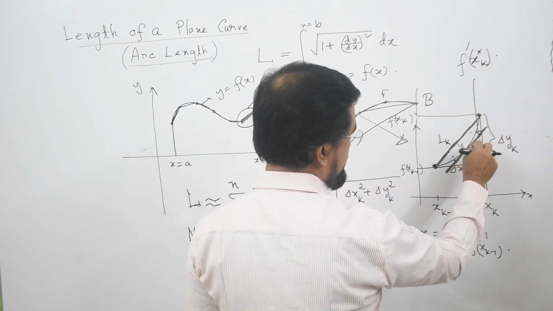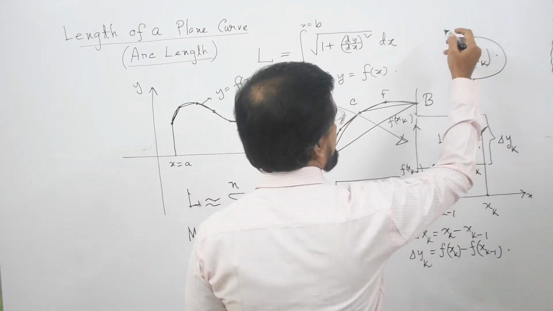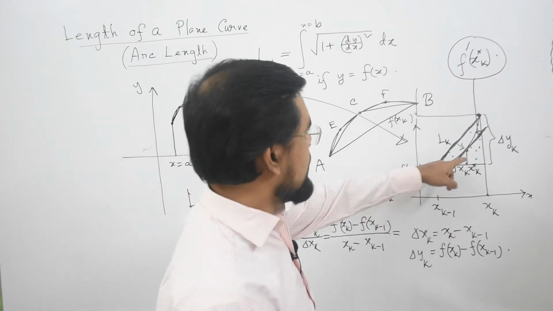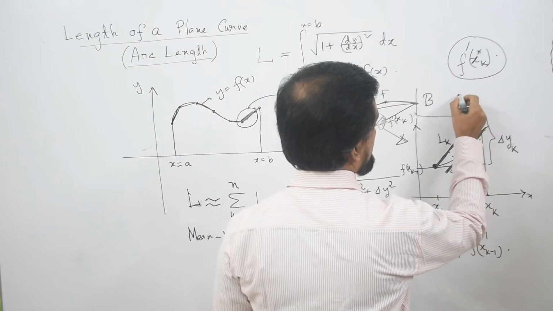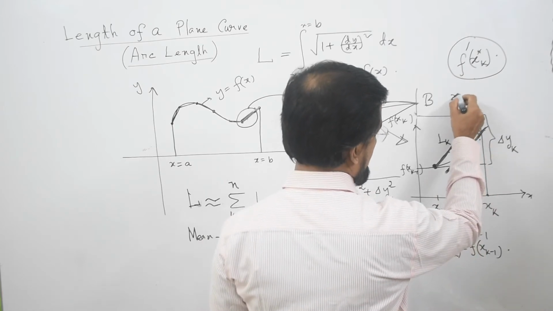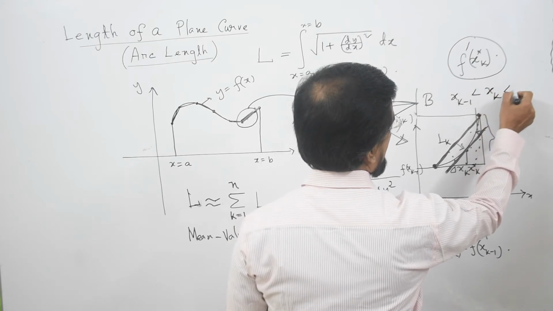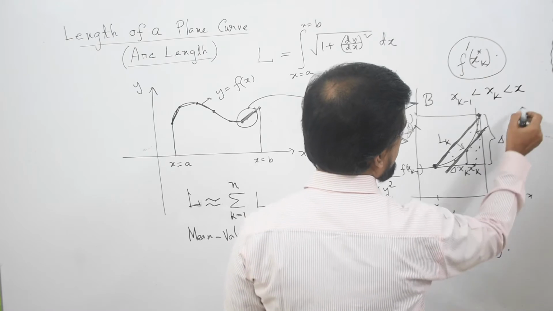The slope of this tangent line is nothing but the derivative of f at xk star. And note that xk star is a point in between xk minus 1 and xk.